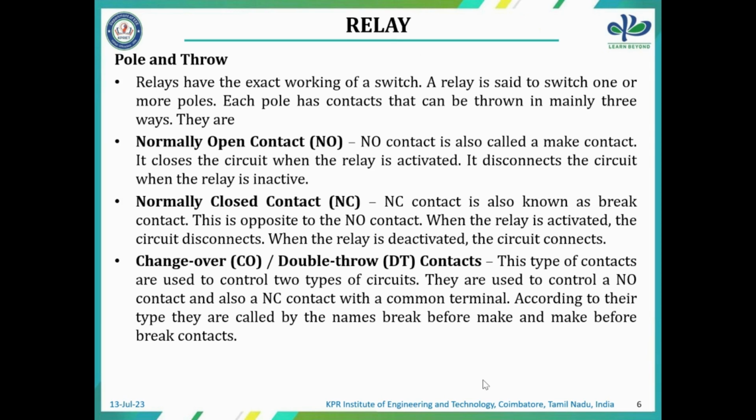Normally it will be open, then if the circuit closes, it activates and closes. It disconnects the circuit when the relay is inactive. The sentence may be a little confusing, but it means that the normally open contact is open, and when activated it makes the contact. That is what it means.